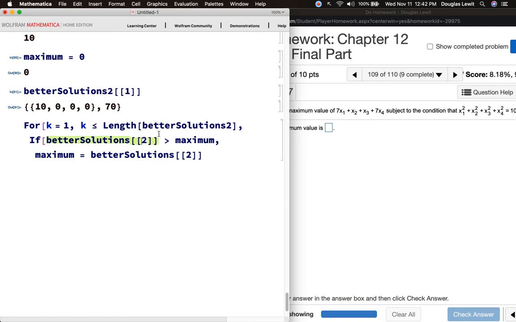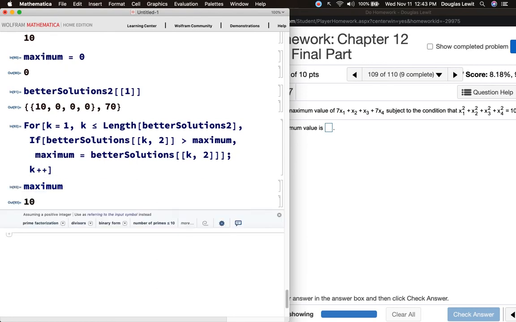Actually, this would be k comma 2. Okay, so if betterSolutions k2 is greater than the maximum, the maximum is equal to betterSolutions k2. k plus plus, and then the maximum.